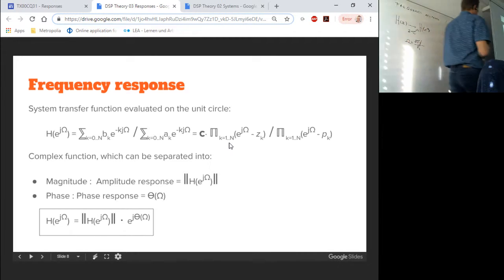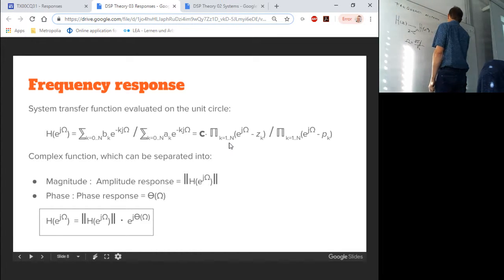And basically, to calculate this frequency response, you just plug in e to j omega instead of the z.